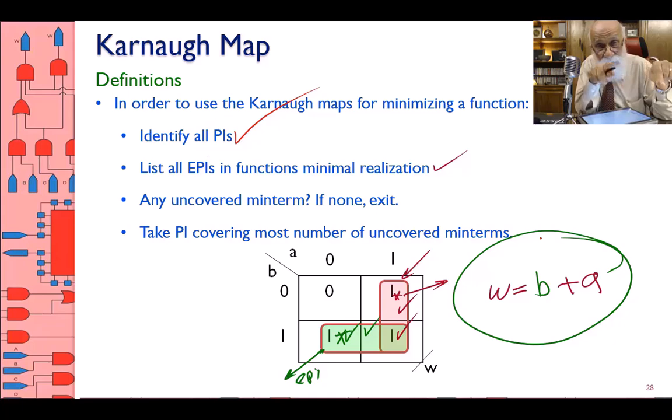But let's look at the prime implicants that cover that mean term. And if you have multiple mean terms, then you try to find prime implicants that cover the most number of uncovered mean terms. We are not going to be seeing this in this two-variable map, but we will be seeing it in three-variable maps, which we'll be seeing next.